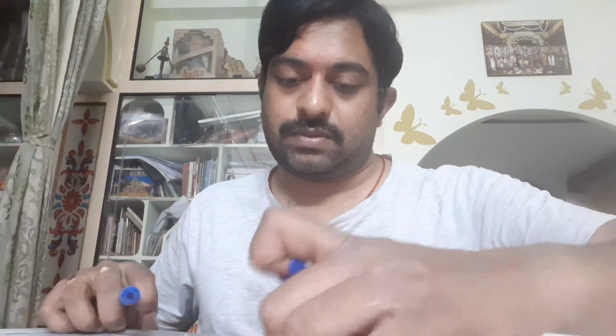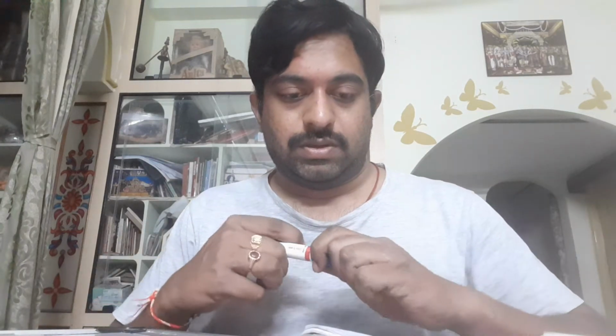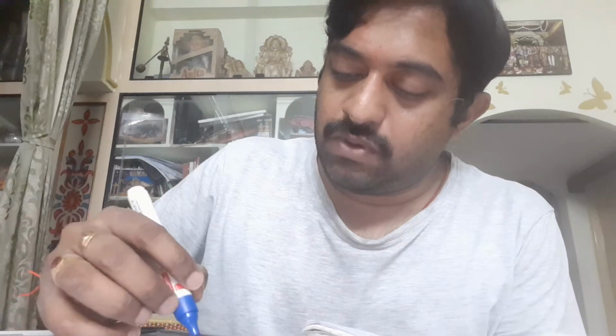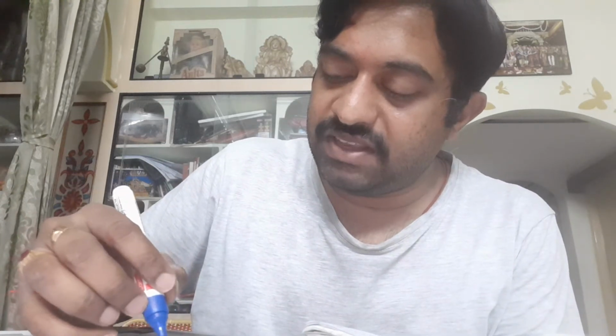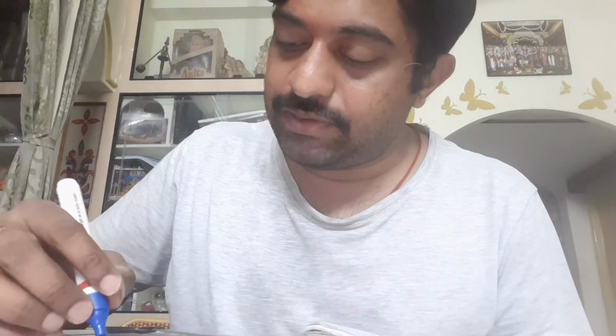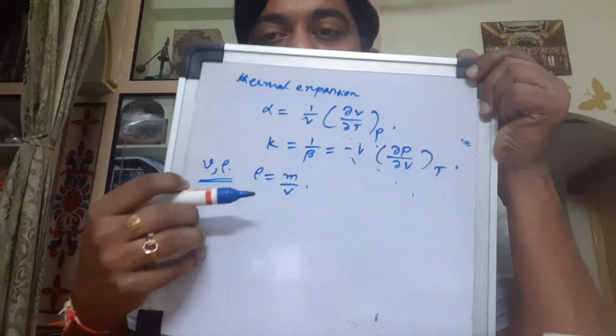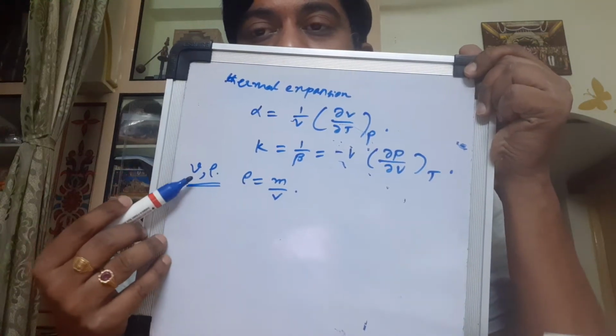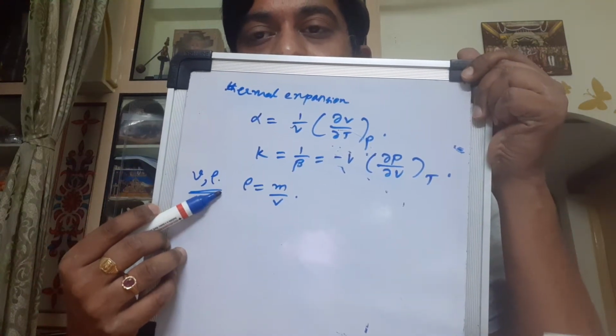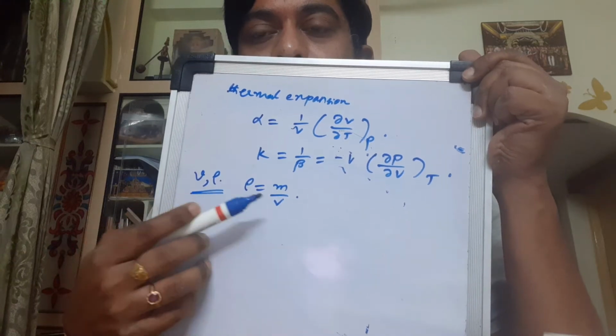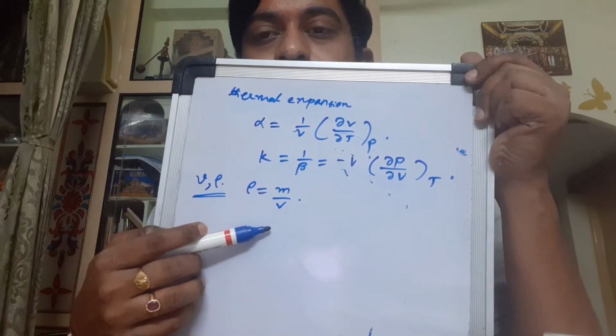So now the point is, there is specific volume, you might have heard, and there is density. Density is equal to mass by volume. Now I am going into further discussion. There is specific volume, there is density. Rho is equal to mass by volume, right?